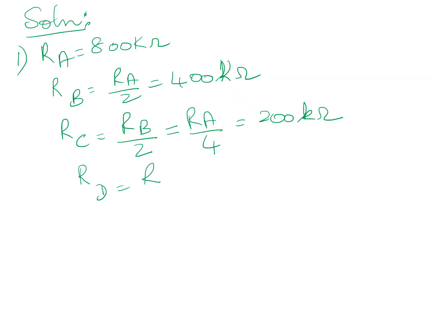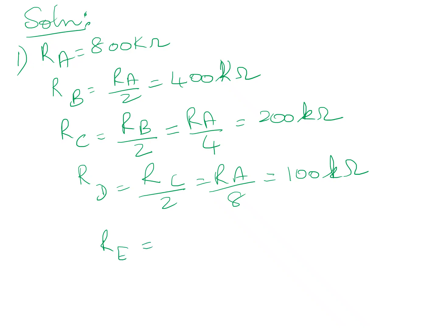RD is equal to RC by 2, or RA by 8, is equal to 100 kilo ohm. RE is equal to RD by 2, or it is RA by 16, which is equal to 50 kilo ohms.